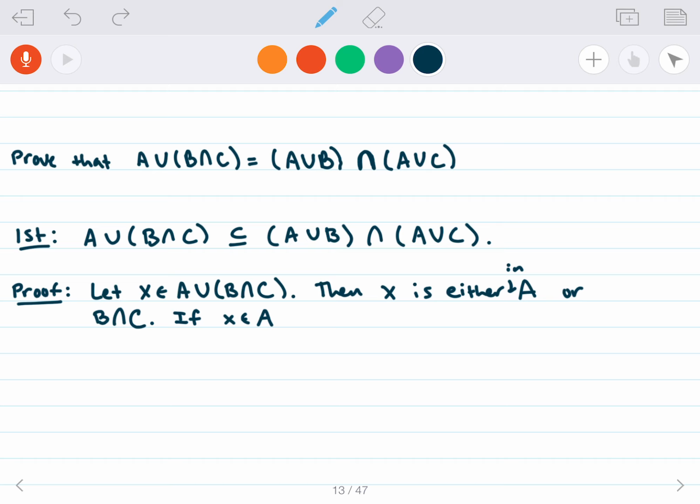If x is in A, does that mean that x is in this set?